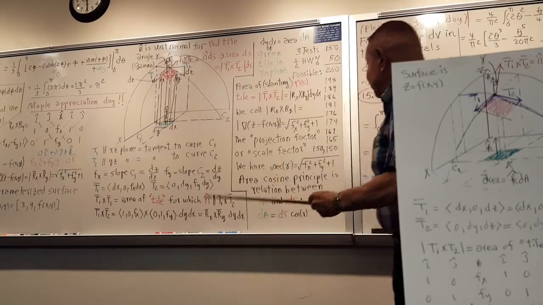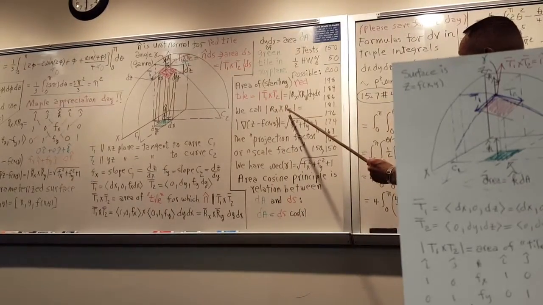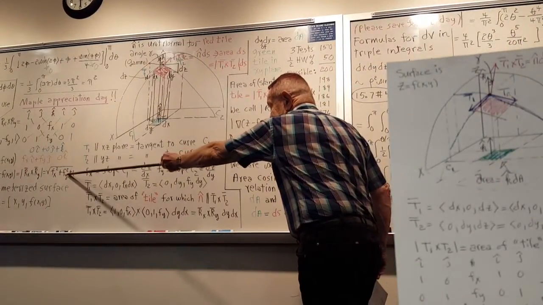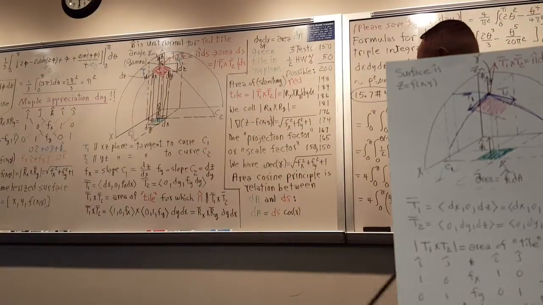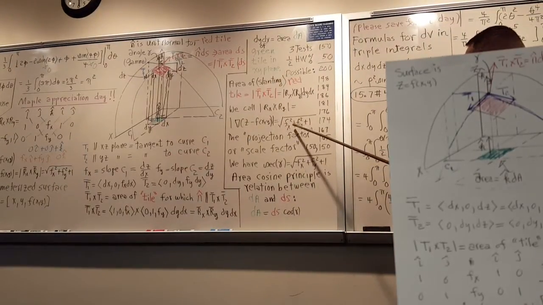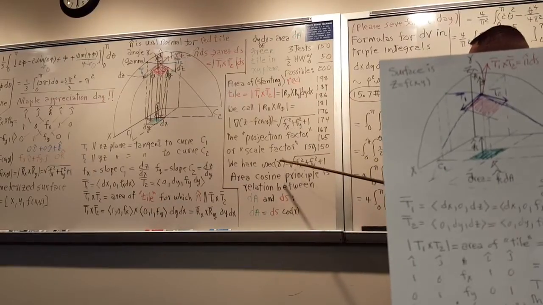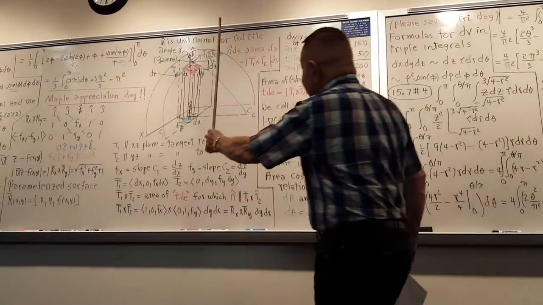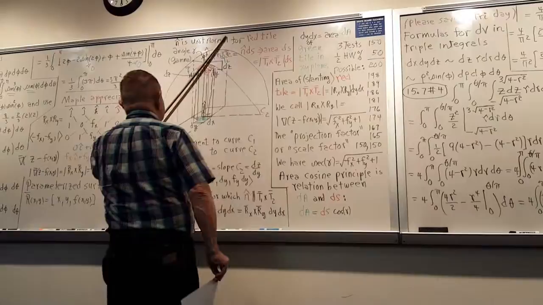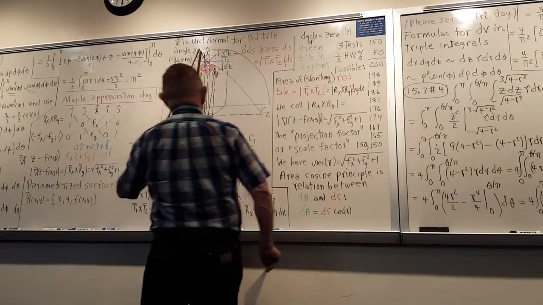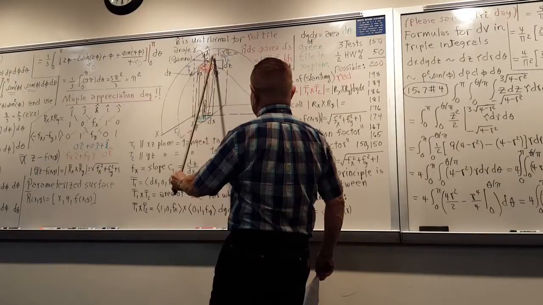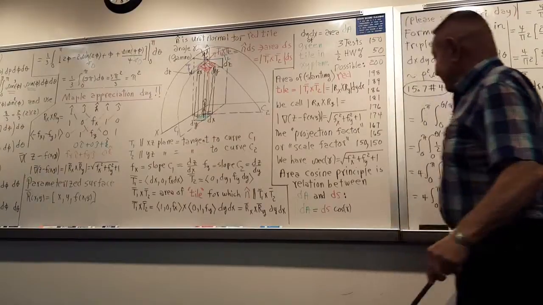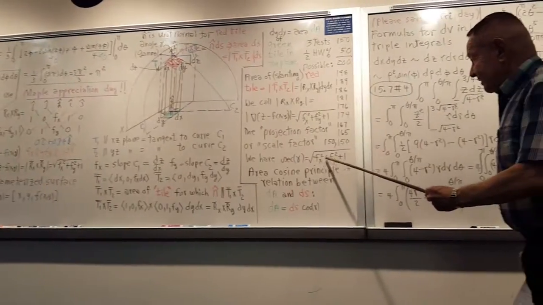In other words, the magnitude of that cross product, or the magnitude of this gradient, which is the same thing, will give you the secant of the angle between the normal to the slanting tile, this angle gamma between this red vector and k. So the secant of that angle is what this is giving you.